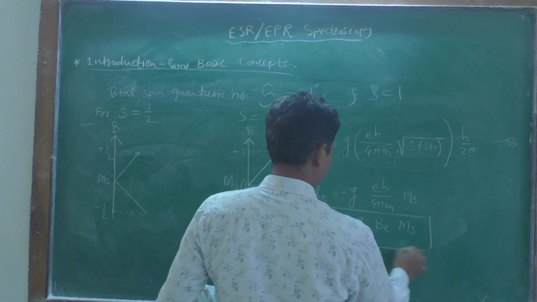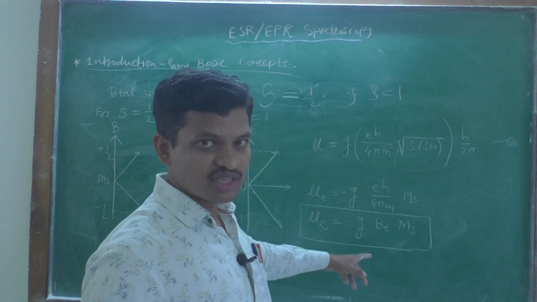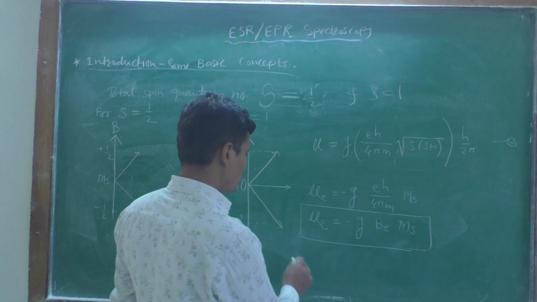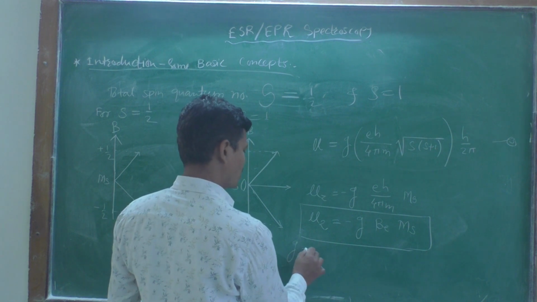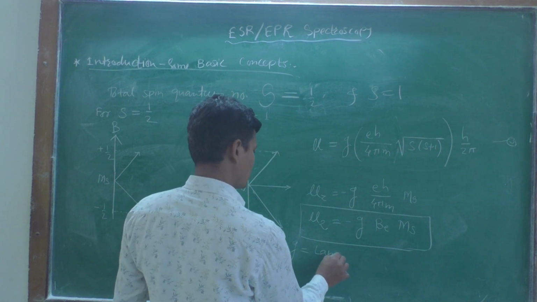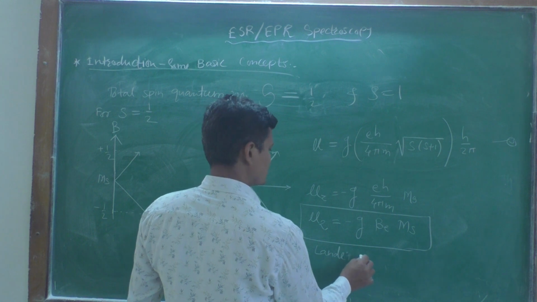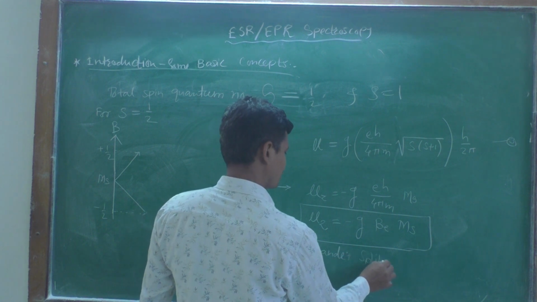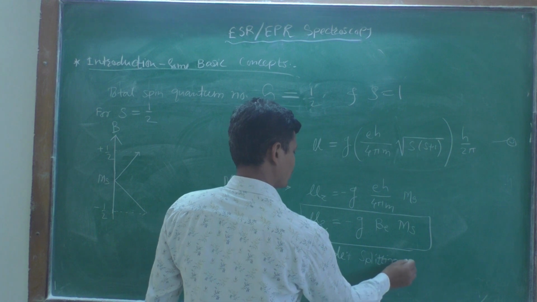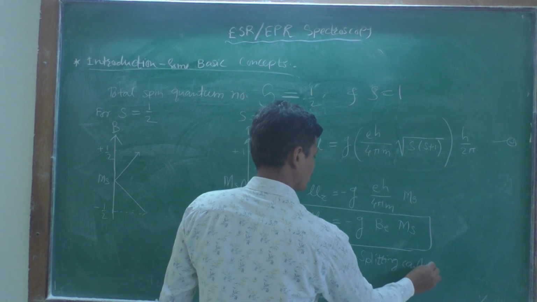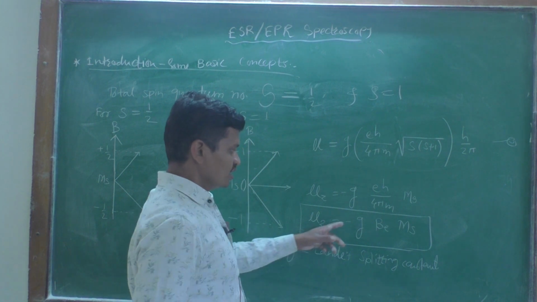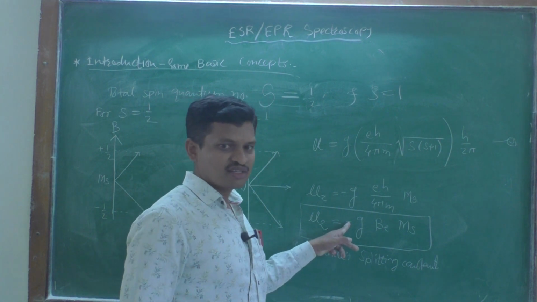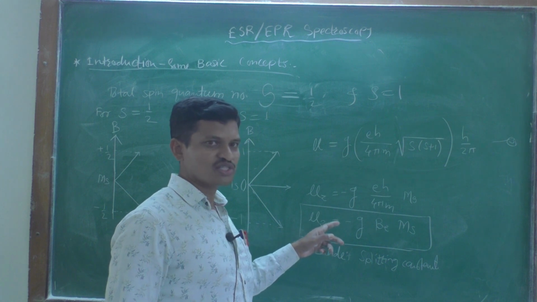So what is this g? This g is called as a constant for electron, and that is called as Landé splitting constant. The negative value suggests that the charge of electron is negative.